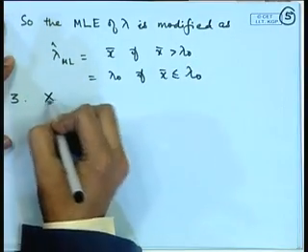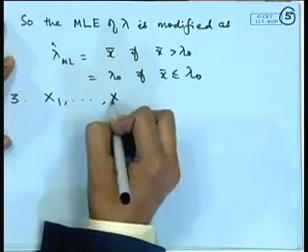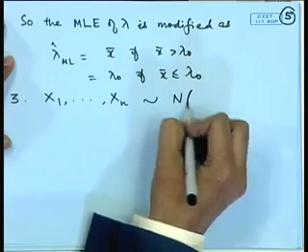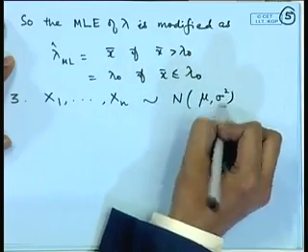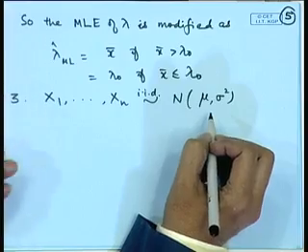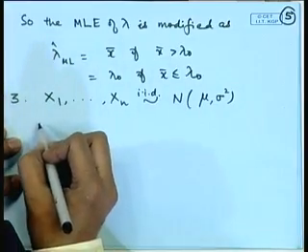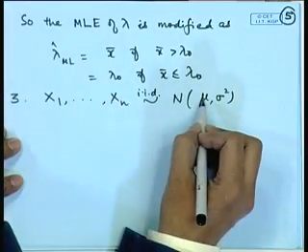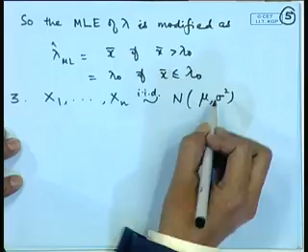Let us take another popular example. X1, X2, ..., Xn follows normal mu, sigma square. If we consider the likelihood function here, then it is a function of two parameters, mu and sigma square.